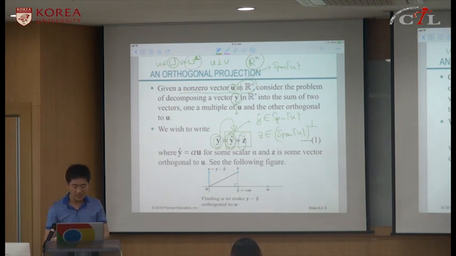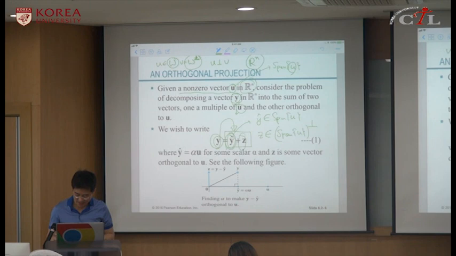In this slide we look at a particular example where W is spanned by only one vector, which means W is a one-dimensional subspace, spanned by just a single vector u.